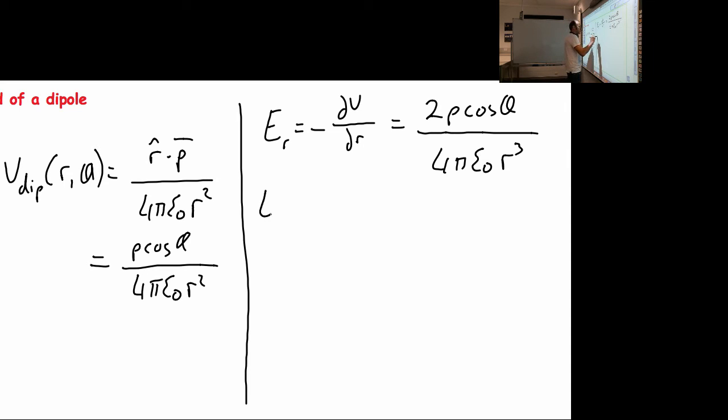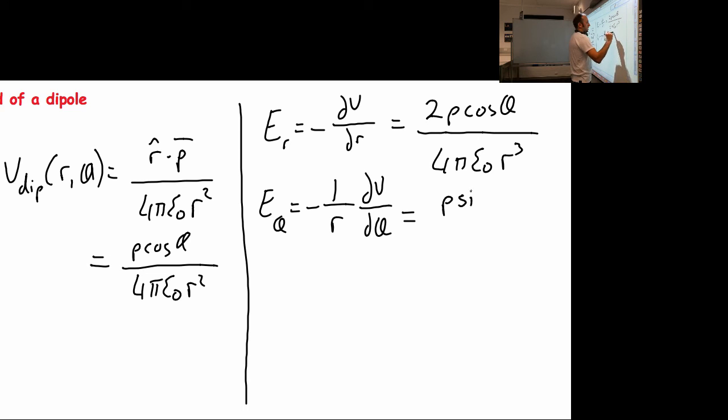In the theta direction, E theta will be minus 1 over r times dV d theta, which will be equal to p sine theta divided by 4 pi epsilon naught r cubed.